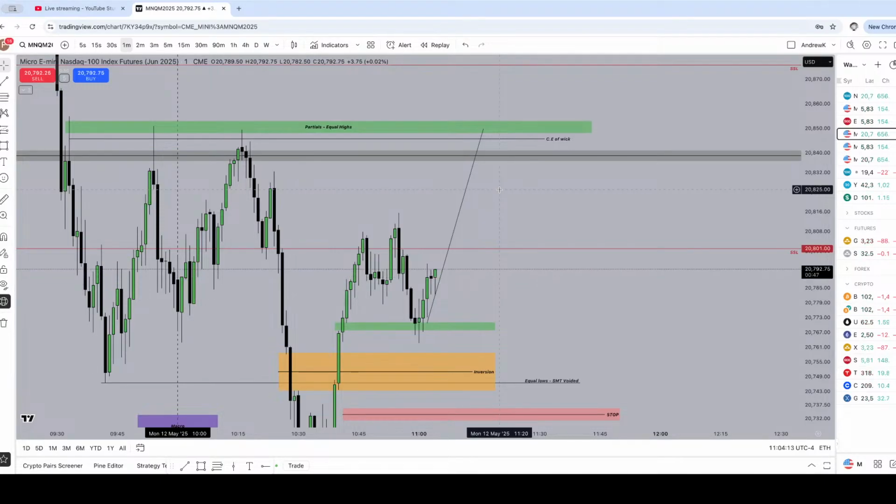You know, if you entered at that BISI, you don't want to see it fall below that low. So that's going to be your stop. Yeah, get above that wick. There we go. Finish the job.